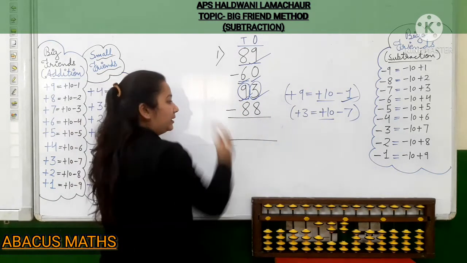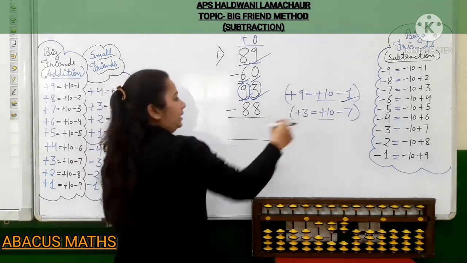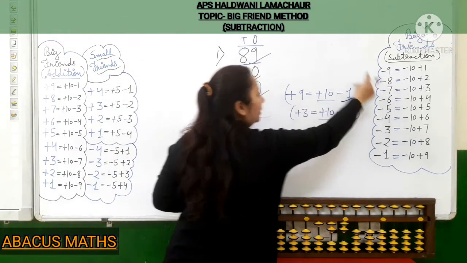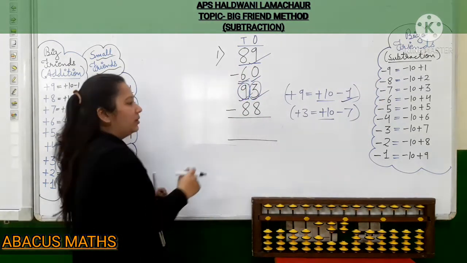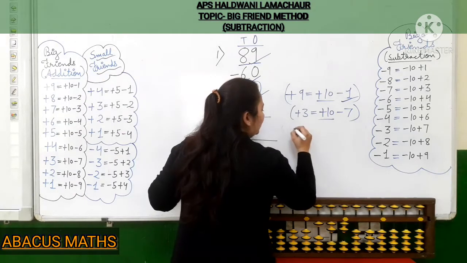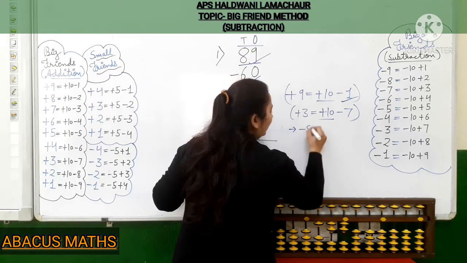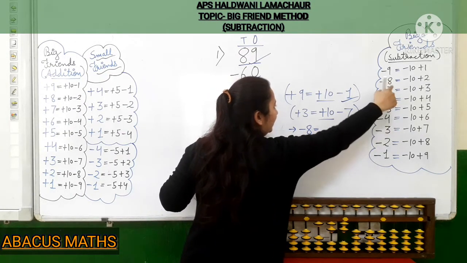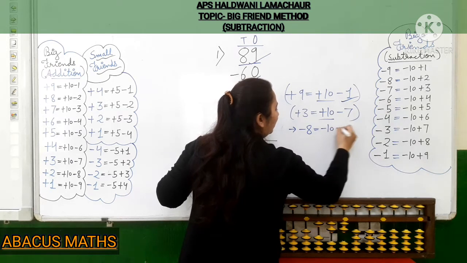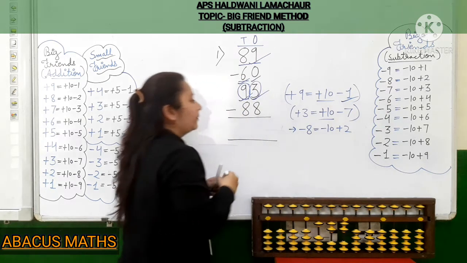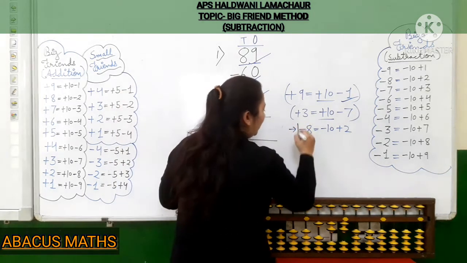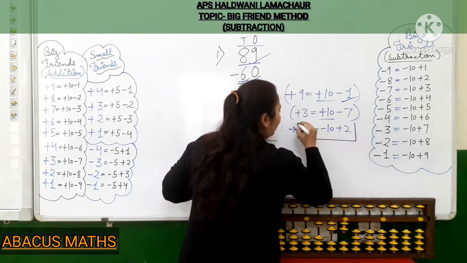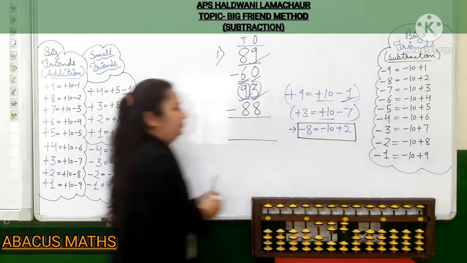So how will you do minus 8? For minus 8 you will use the subtraction formula of big friends. Minus 8 is equal to minus 10 plus 2. This is the subtraction formula for big friend subtraction.